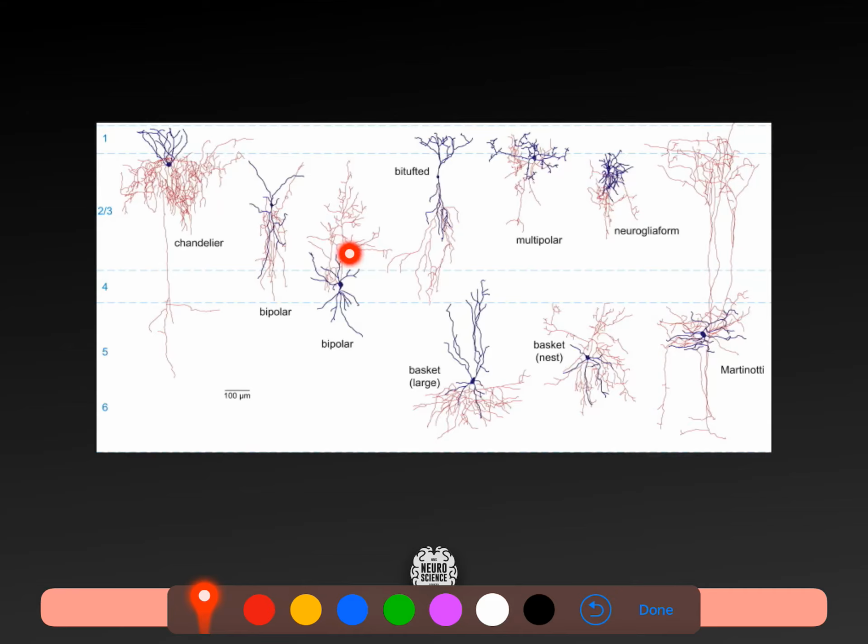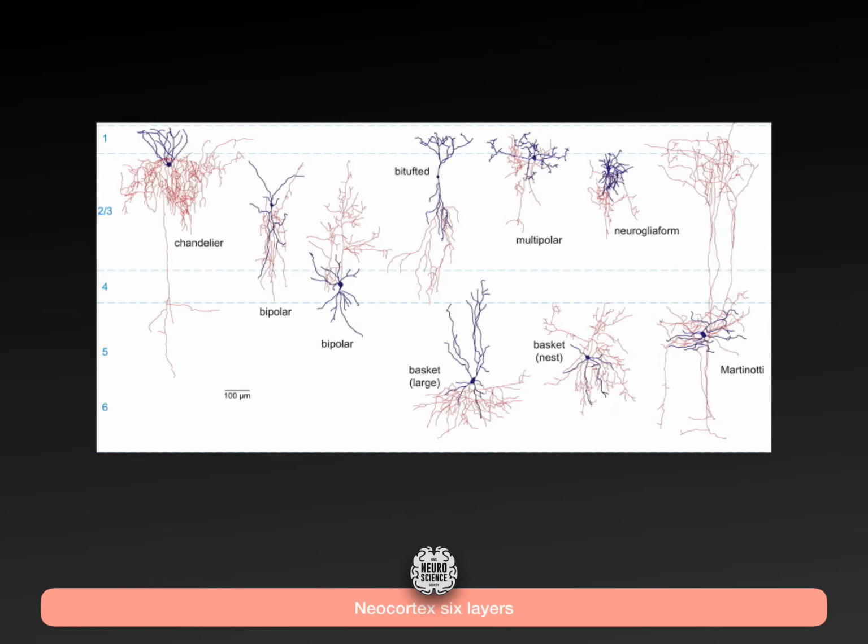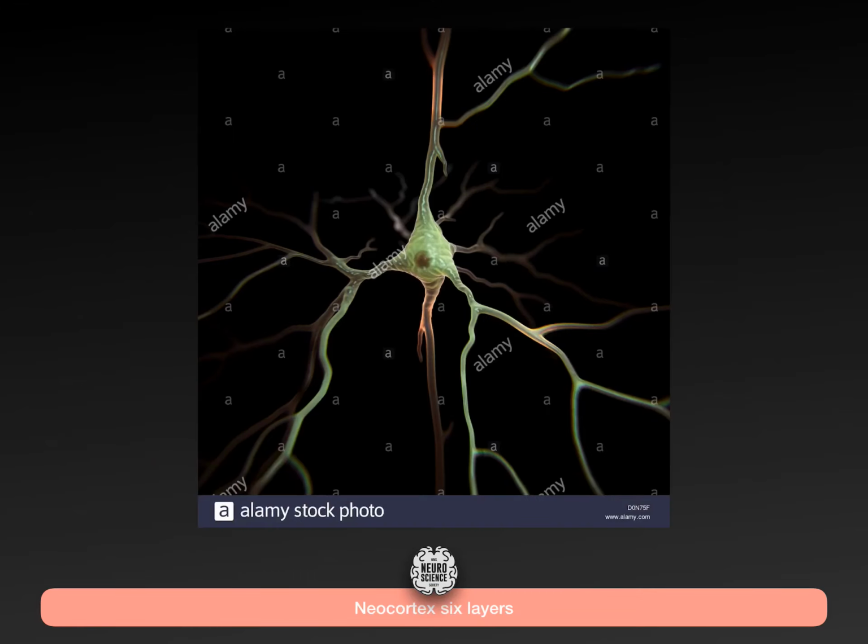There are bipolar cells, there are tuft cells, multipolar cells all over the place, and then basket cells, small and large and nest and multiform, and all manner of different cell types all over the place. The 6 layers do tend to persist in most areas. There are a few notable exceptions, like the primary motor cortex that drops a layer, but functionally, is it that important to us? Not right now.